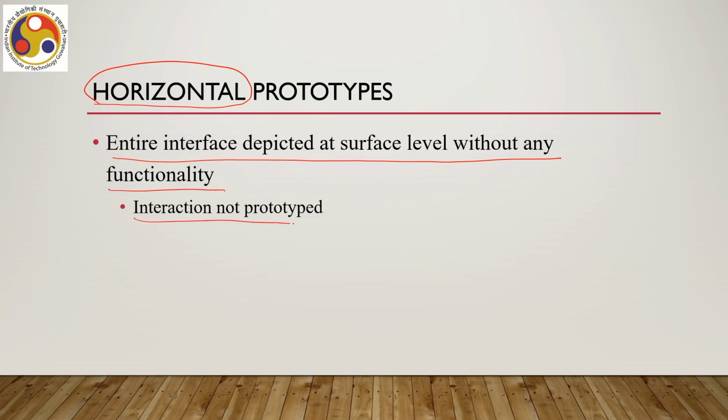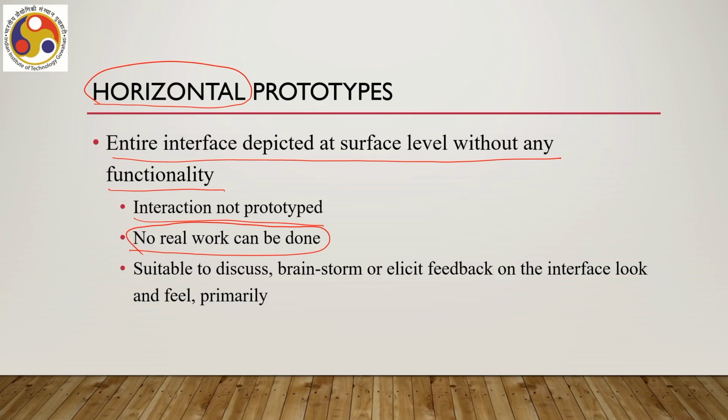So, interaction is not prototyped in case of a horizontal prototype system. Since interaction is not there, that means how to get work done in the system is not implemented, we cannot expect to do any real work with the horizontal prototype. Then why do we go for it unless we are able to demonstrate how the system works?